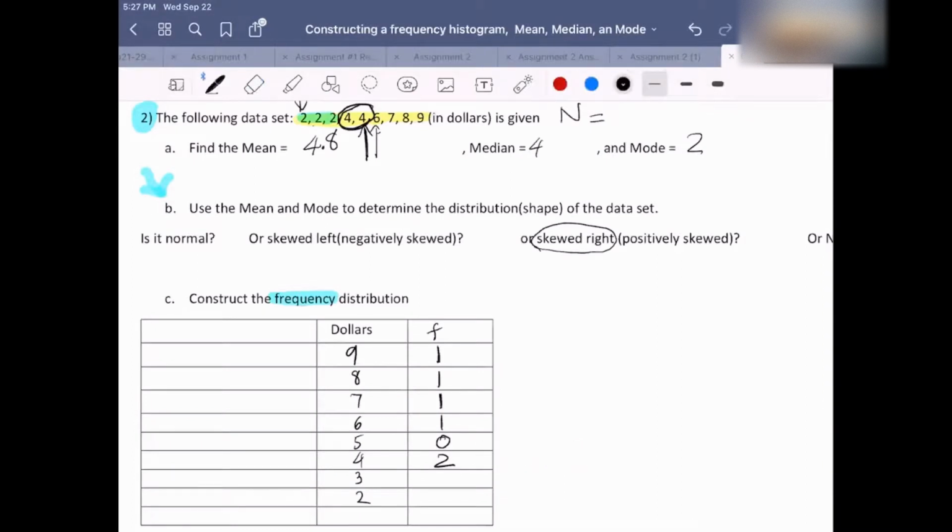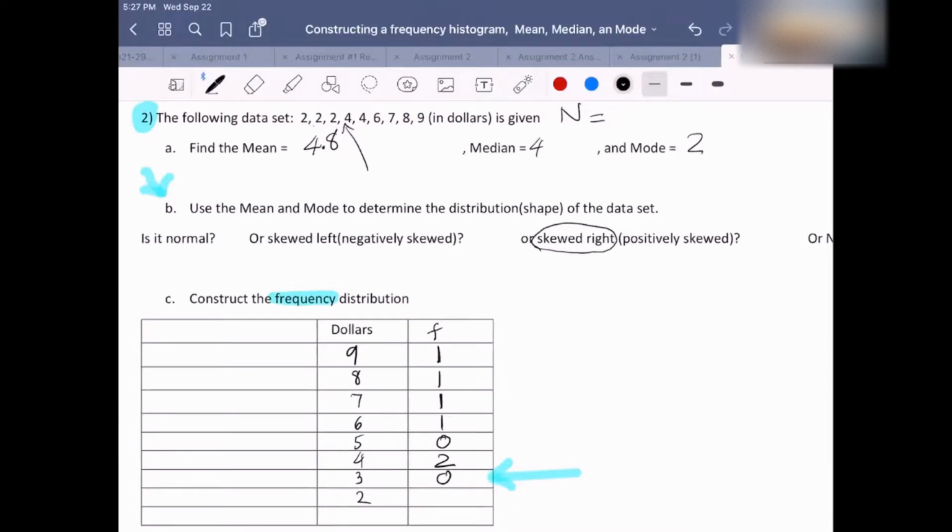And let's move on to number 3. I'm gonna just call someone to make sure that they are paying attention to this. Number 3, how about Jennifer? Can you tell me number 3? 0. Good. Yes, if you look at the list, there's no number 3 there, right? So the frequency is 0.